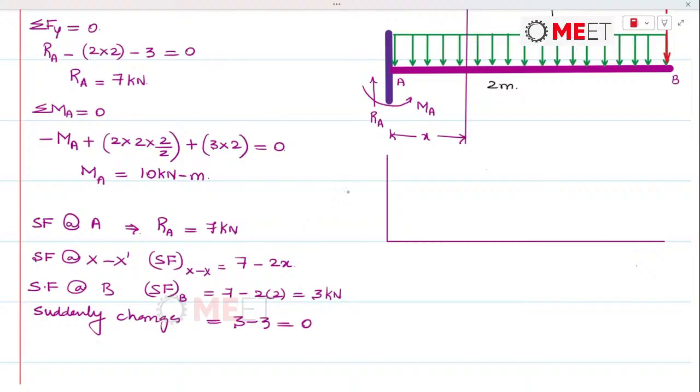This will be 7 kilonewton at point A, and from this point you will find the shear force is going to decrease. How can I tell that?